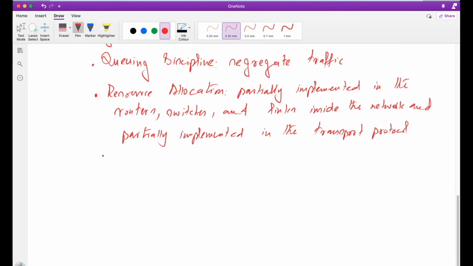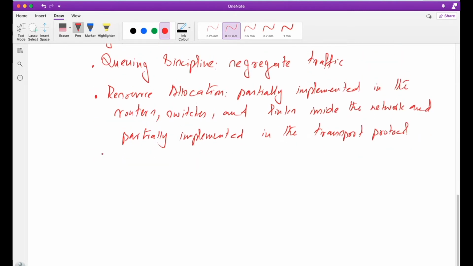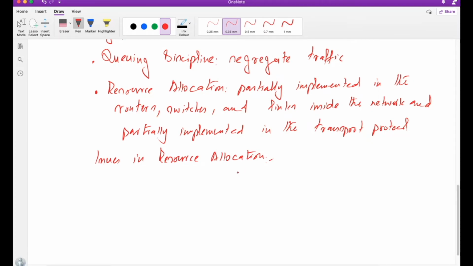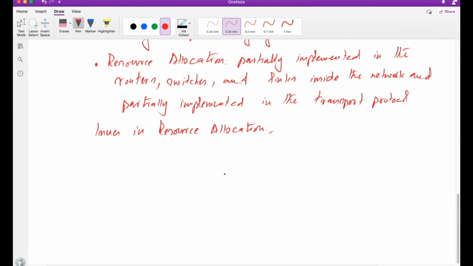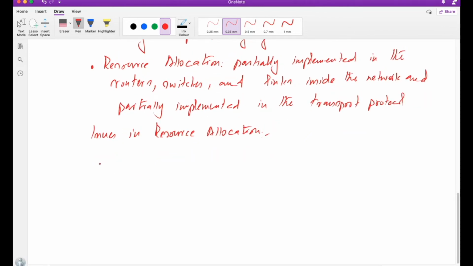So before discussing any specific resource allocation mechanisms, let's talk about the issues in resource allocation. In the issues in resource allocation, the number one point that we'll discuss here is the taxonomy of resource allocation mechanisms.